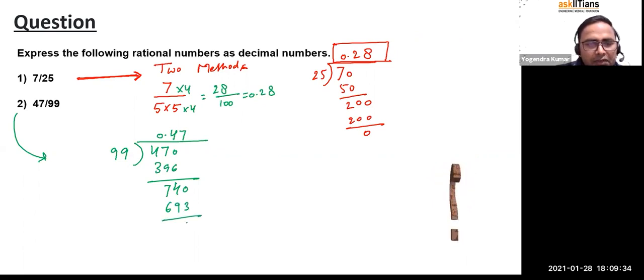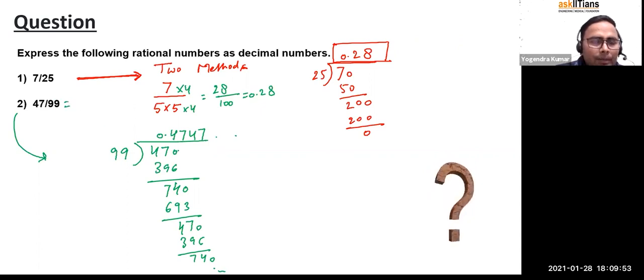So what is the remainder I'm getting here? 7 and then 4 here. So again, how many times can we do? 4, then 396, then 74, 0 here. So 7. So it keeps on repeating, right? It keeps on repeating. So you can see it is non-terminating and recurring.